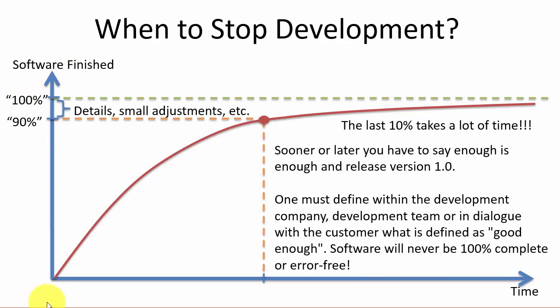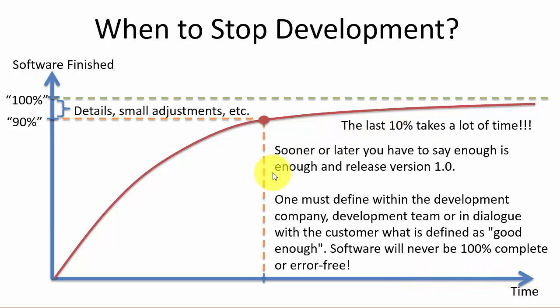Here we see a chart. On the Y scale we have software finished, and on the X scale we have time used to develop the software. And you see here 90%, when the software is 90% finished. But the last 10% takes, as you see, very much time.